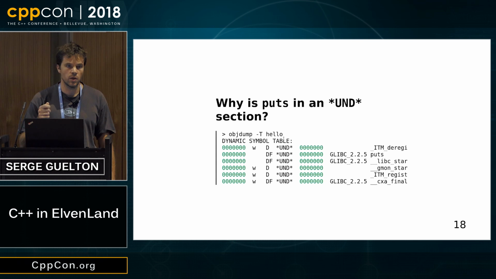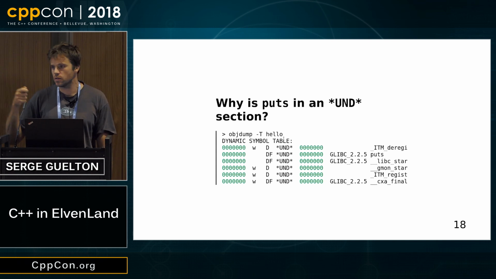In the dynamic symbol table, you say, okay, I'm a binary and I need this symbol, and the linker has to find it somewhere. All these symbols are needed to run the program, but they are not in my binary.